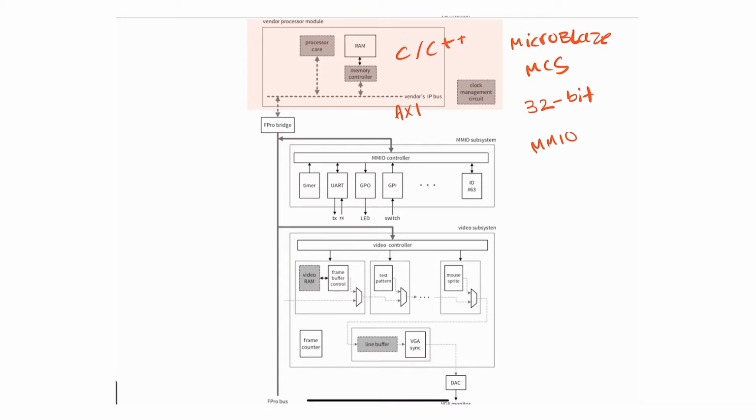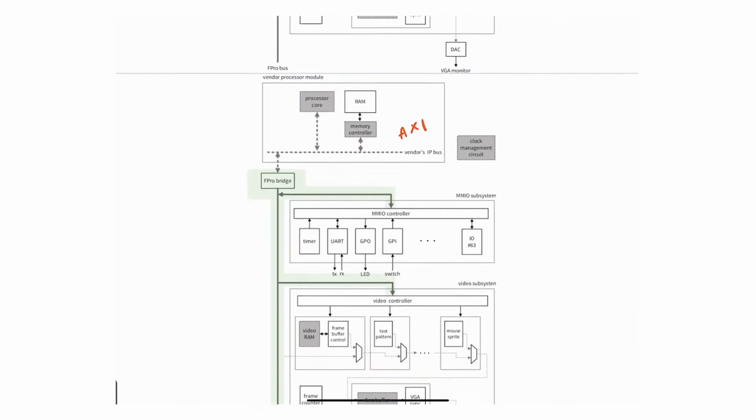Because the purpose of this class is to show you the whole process from beginning to end of developing hardware, developing drivers, developing software and applications to control the hardware that you design, using such IPs might be a little too difficult. We'd have to spend a few weeks just discussing how to use it if we wanted to build it from scratch on our own, not using off-the-shelf ready things. So we're going to introduce the second part of the system.